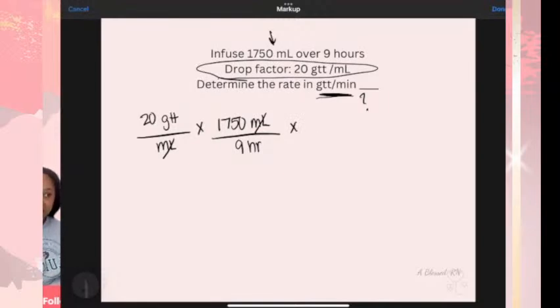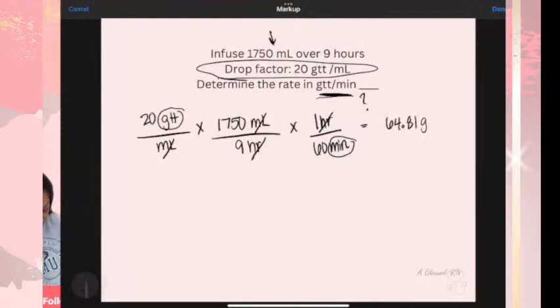So we have to put in this last step, which is your conversion. 1 hour is 60 minutes. Now we're left with drops on top and minutes on the bottom. So 20 times 1750 divided by 9 divided by 60. That's going to be 64.81 drops per minute.